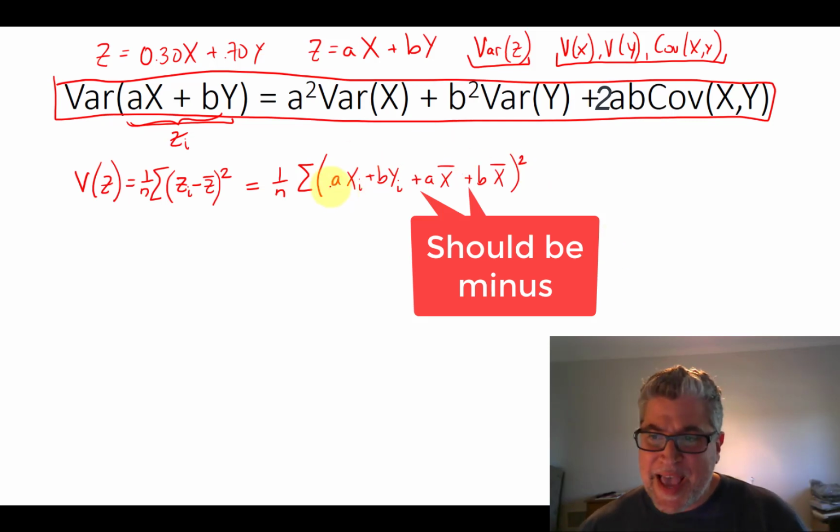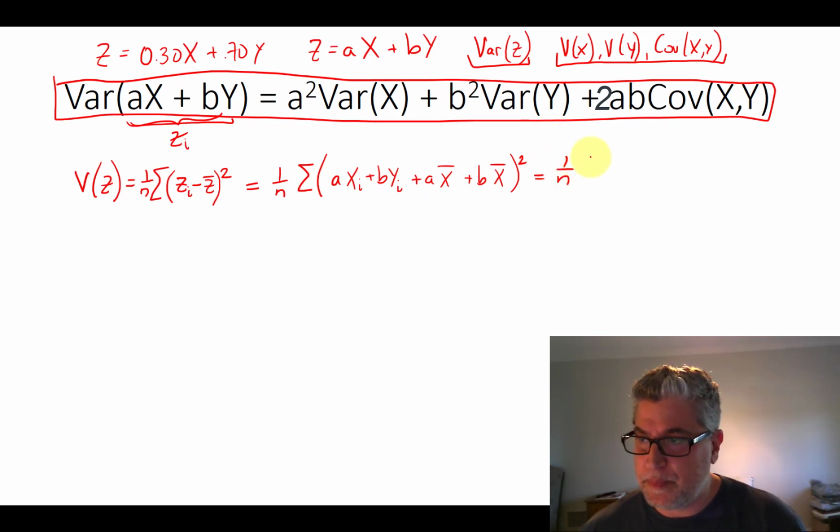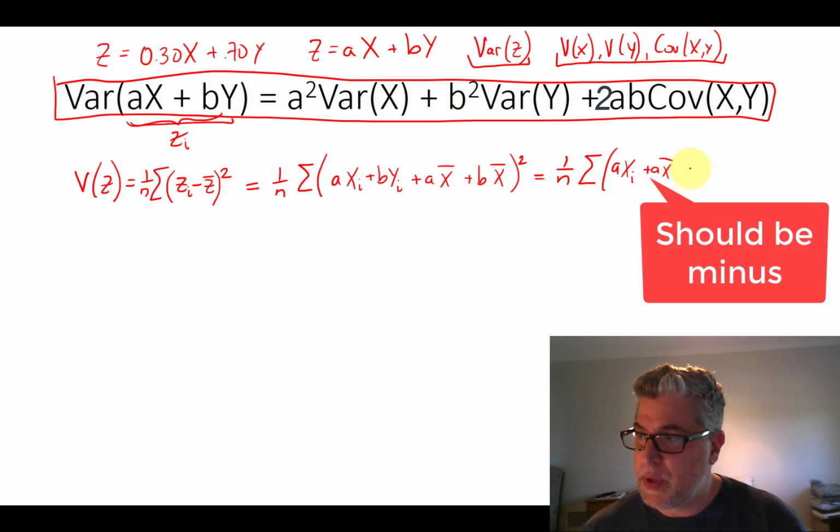Now notice that a shows up in two places and b shows up in two places as well. So let's put those a's and b's together, and we get a xi minus a x bar plus b yi minus b y bar, and then we're squaring.